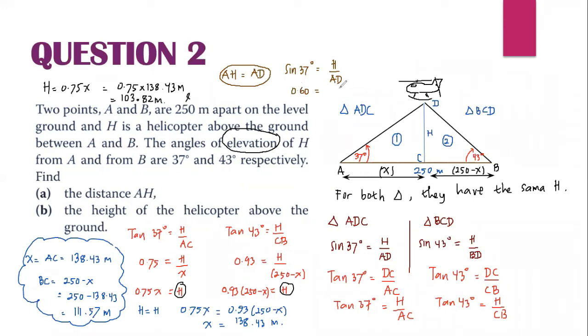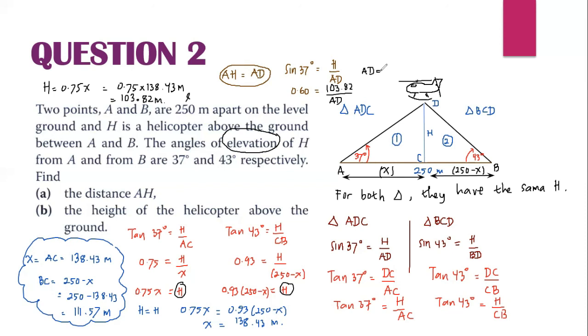So now we're going to continue. Sine 37 is h over 80. h is 103.82 over 80. Okay, so by using cross multiply, we got 80 is 103.82 divided by 0.6.